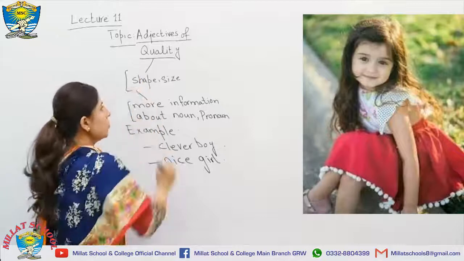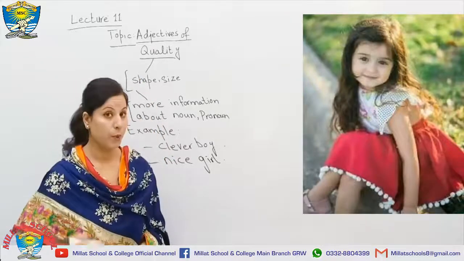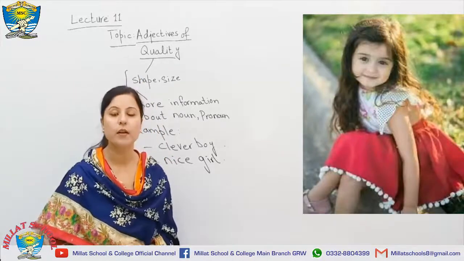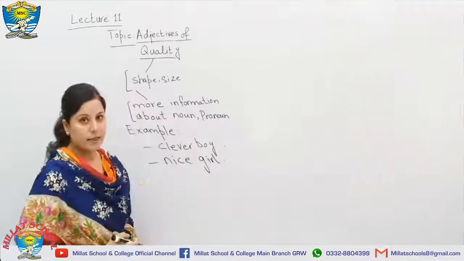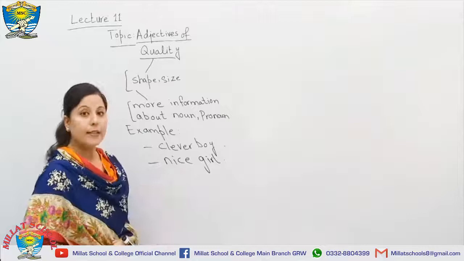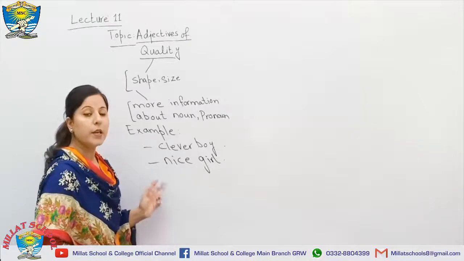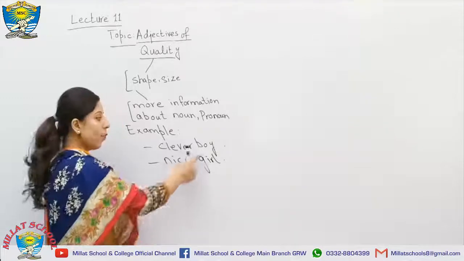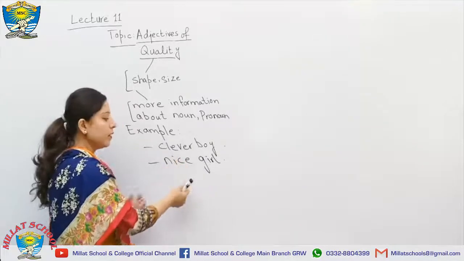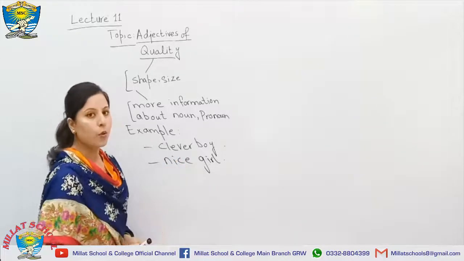How will we judge shape and size of something? Because it has also been counted in adjectives of quality. Let's see. Nice girl and clever boy tell us about the qualities of the boy and girl. That the boy is clever and the girl is nice. So these are the qualities.